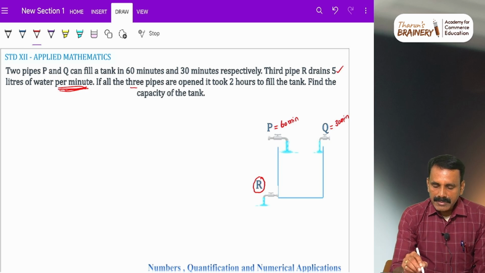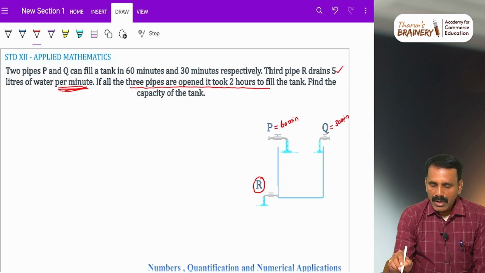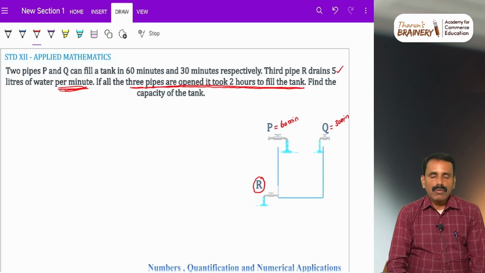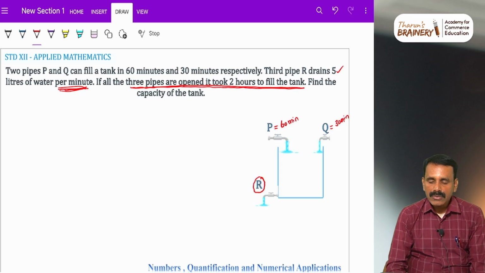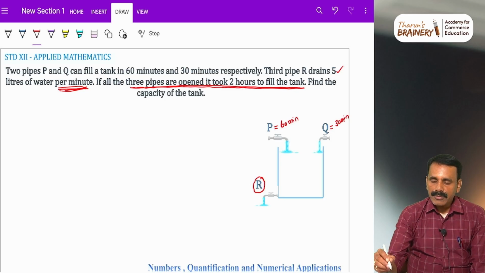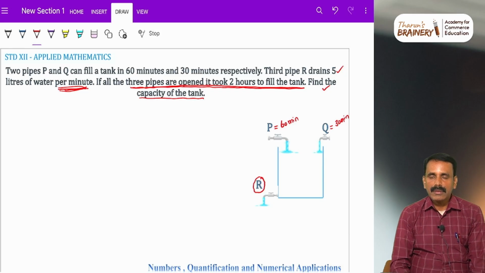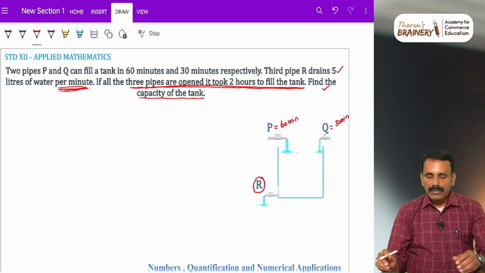If all the 3 pipes are used, it takes 2 hours to fill the tank. This is an important data which is given to us already. We are supposed to find the capacity of the tank. Is it clear?